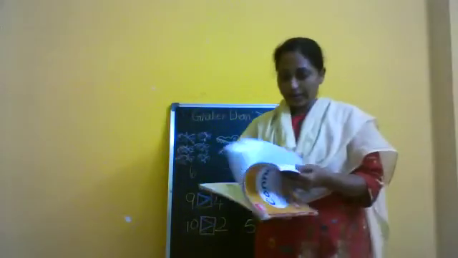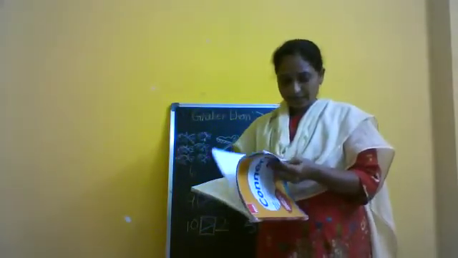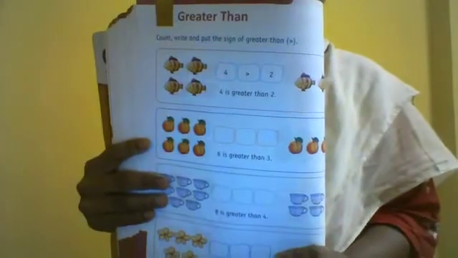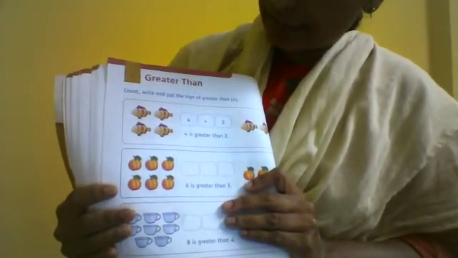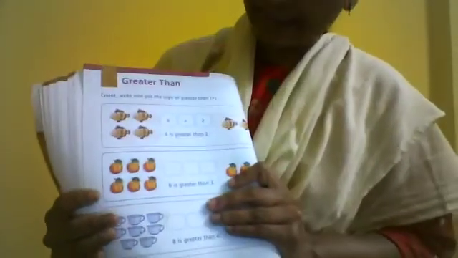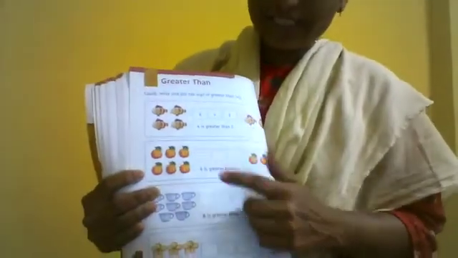Now open your textbooks. Page number 80. Here, greater than is there. Here the symbol is also there. Count, write and put the sign of greater than. You have to count which side has more quantity.